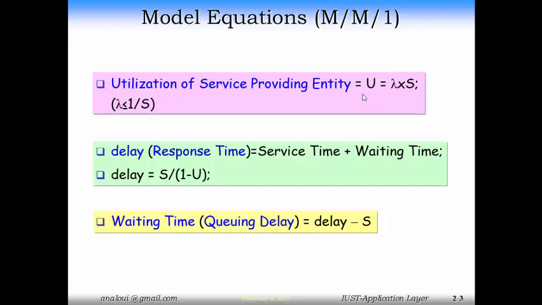So the utilization is bounded between 0 to 1 or 0 to 100. It depends on your needs, but I can say that this U or utilization is bounded between 0 to 1, for example. Okay, so I can say that according to this, the arrival rate should be less than or equal to 1 divided by S, because as I said, the maximum value of U is 1.